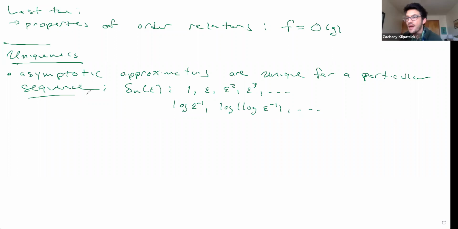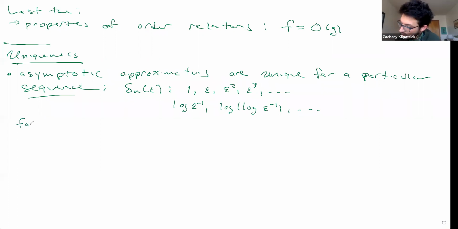But you may have two or more asymptotic approximations that involve different sequences. You could expand asymptotically in a power series of epsilon, or you could expand asymptotically in some transcendental function.